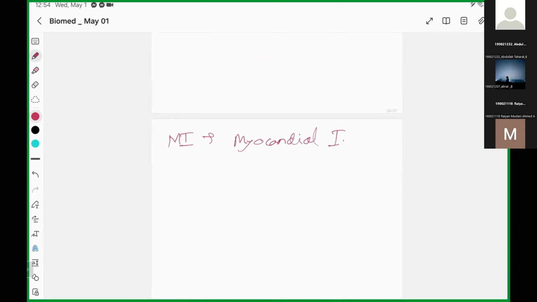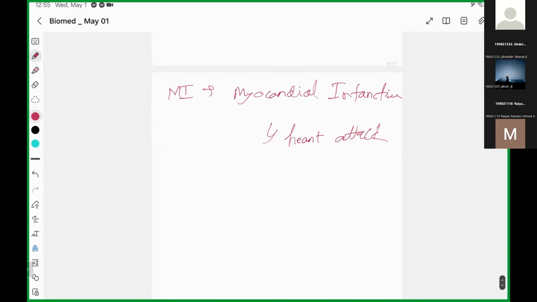Myocardial infarction is a severe type of abnormality when your coronary artery is completely occluded.